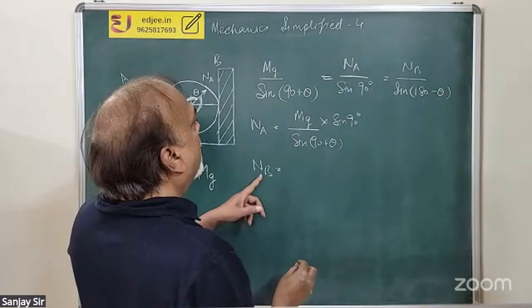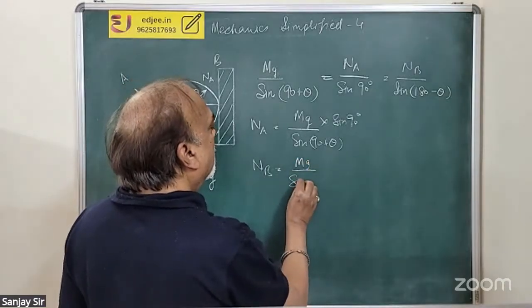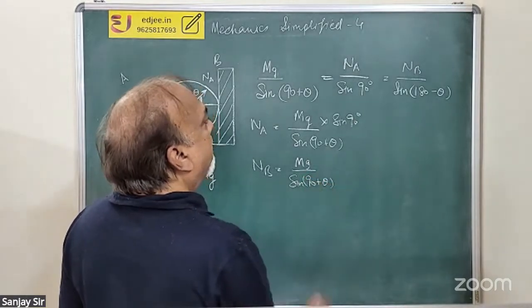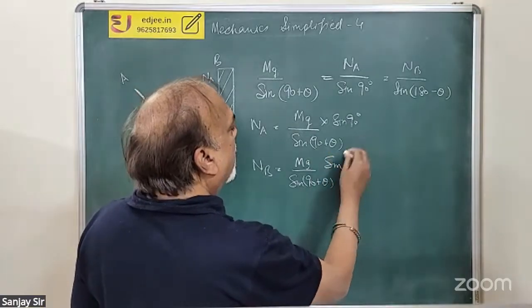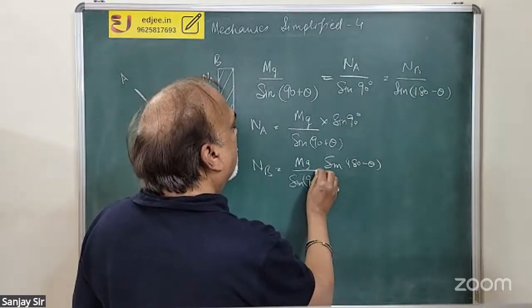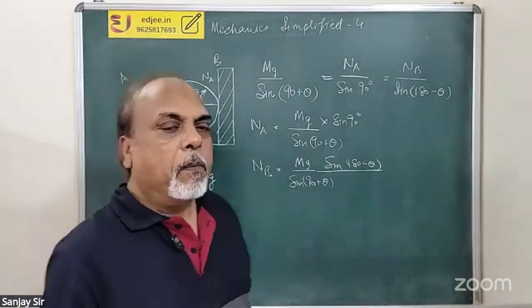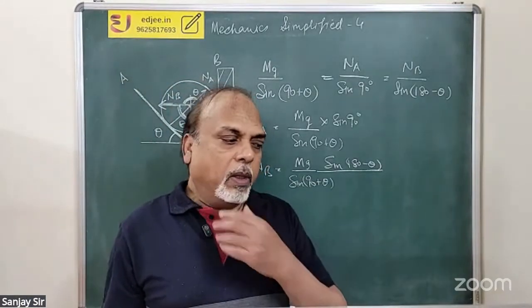NB is nothing but mg into sine 180 minus theta, which is sine theta only. This is how you can find out. Correct?